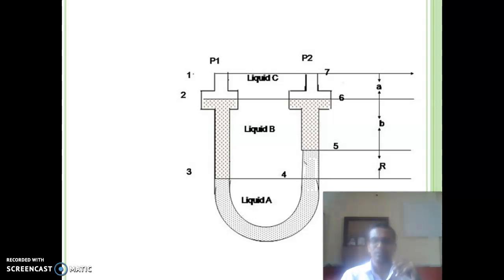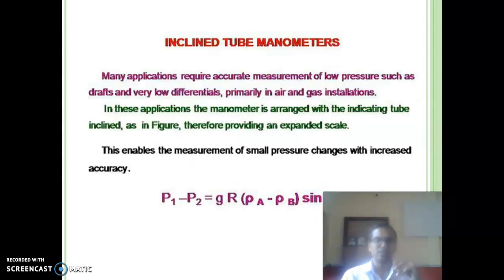The different pressures exert on this tube, and because of that these liquids shift from their original position, and from the changed height we can measure the pressure difference. So this is a very simple instrument.